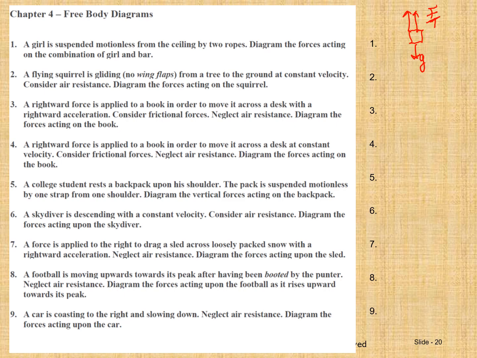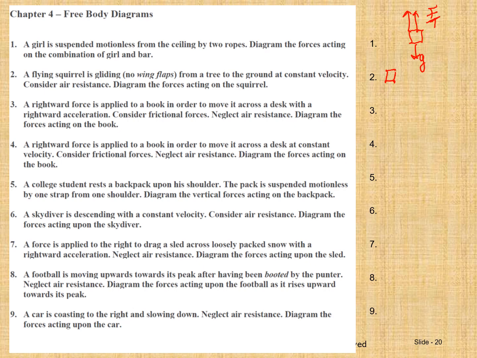Number 2, a flying squirrel is gliding from a tree to the ground at constant velocity. It says to consider air resistance. So we're going to diagram the forces acting on the squirrel. This box is the squirrel. We're considering the air resistance.